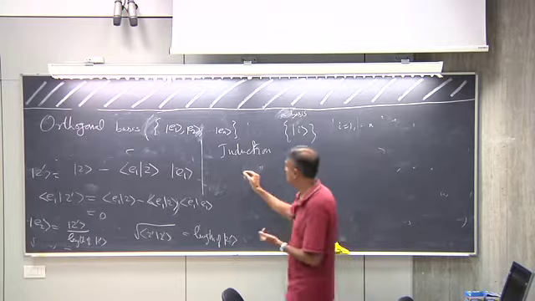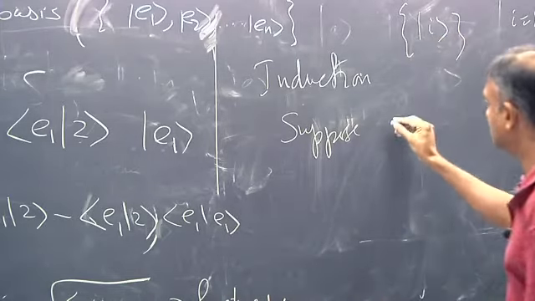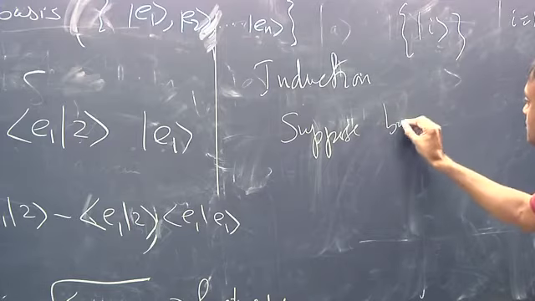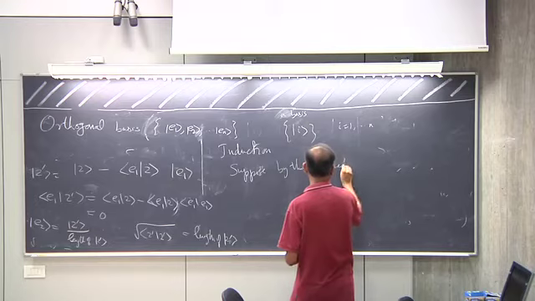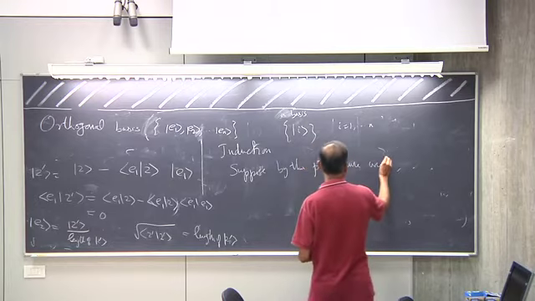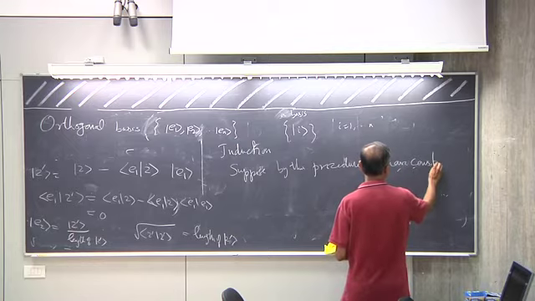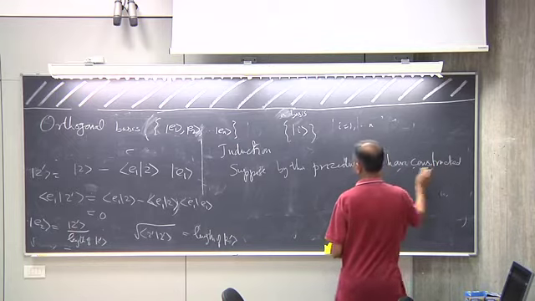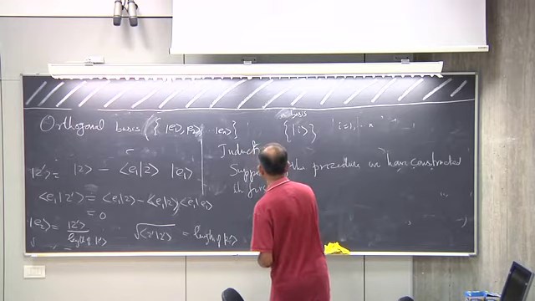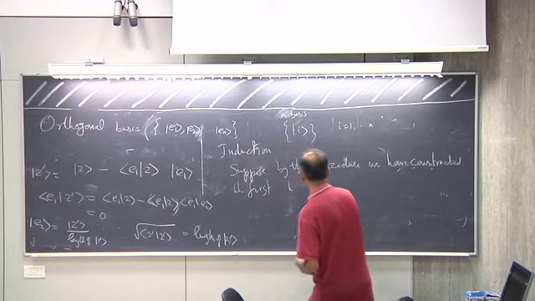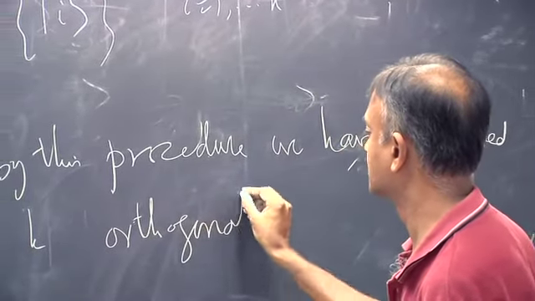Right? So suppose by this procedure we have constructed the first k orthogonal vectors.